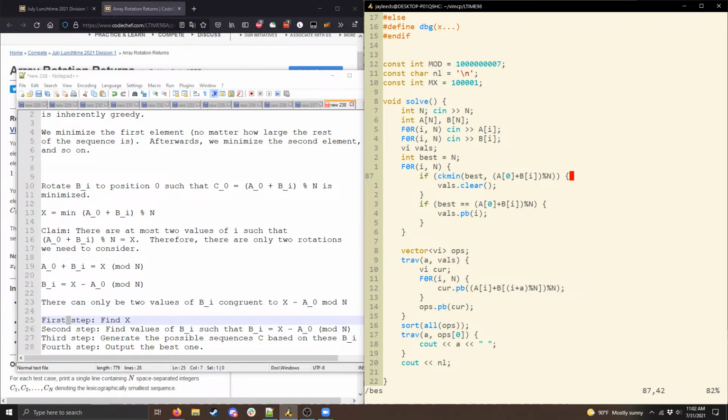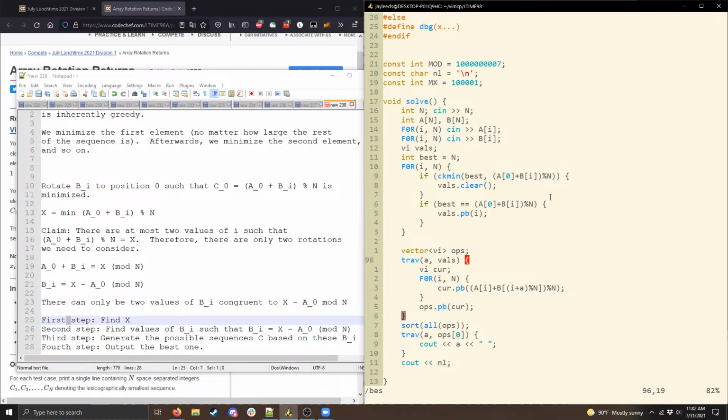If that happens, then all the valid positions in B that generated whatever the old best value was are now irrelevant. But if this value of B generates the best value of x, then we have to push i to the set of potential values. And so now we have this set of potential positions i.